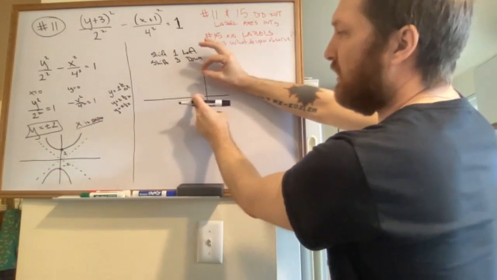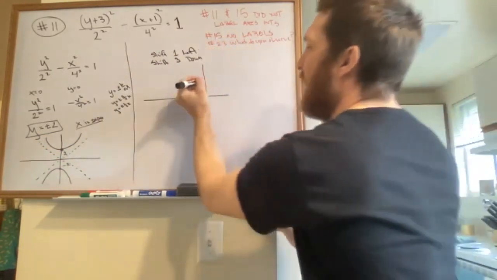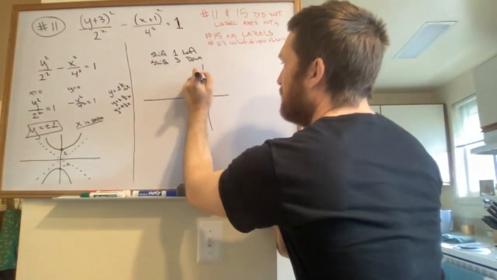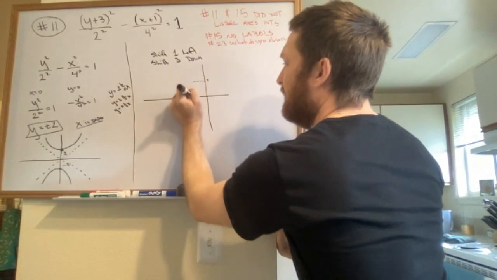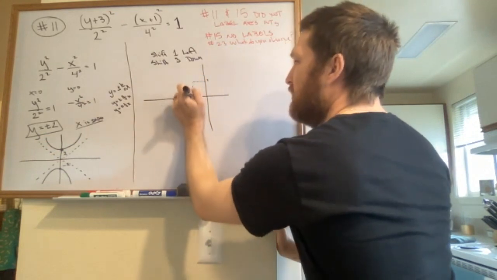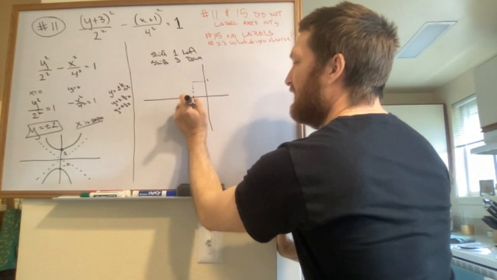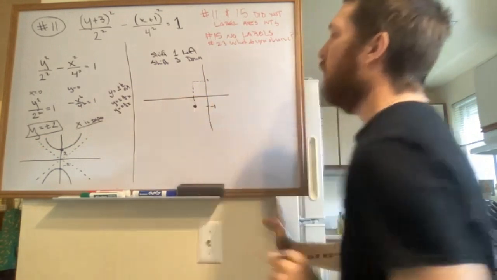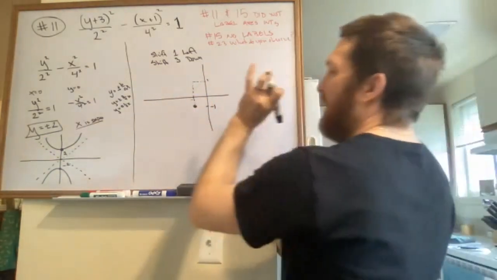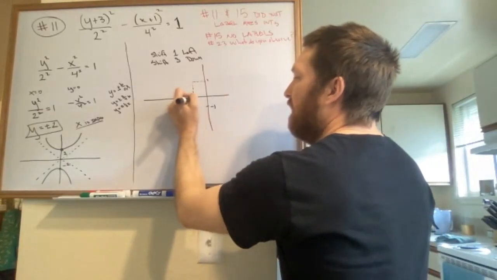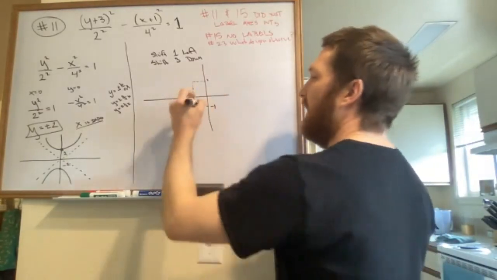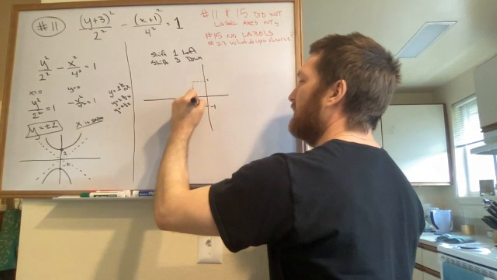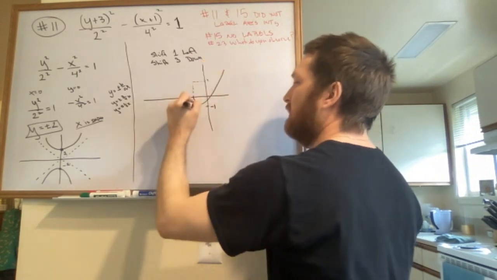I bring it 1 unit left, 3 units down. Starting here at 2, 1 unit left would bring me here to -1. 3 units down would bring me here to -1. And so now I'm at the point -1 comma -1, and that is where this thing does this.